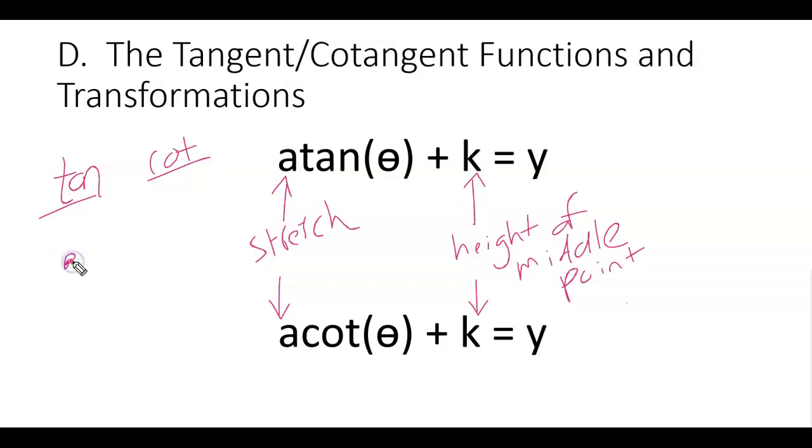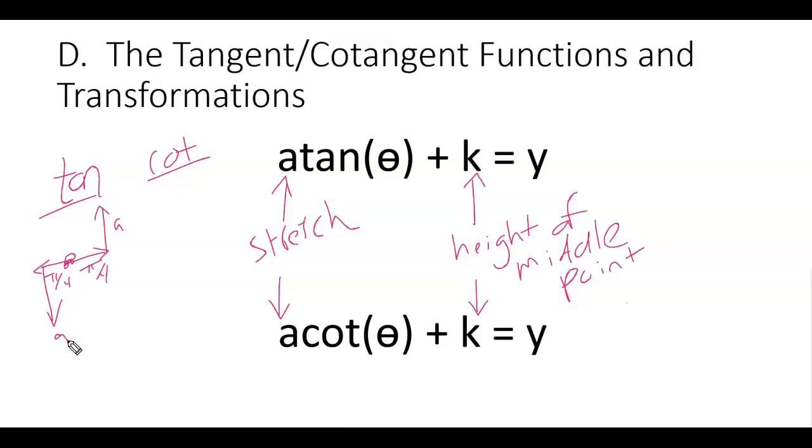For tangent, it's to the right, actually I should say right pi over 4, and up a. And then it's left pi over 4, down a.